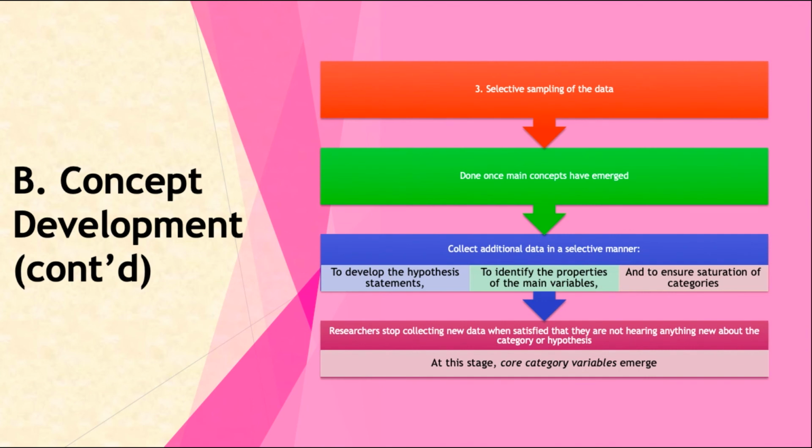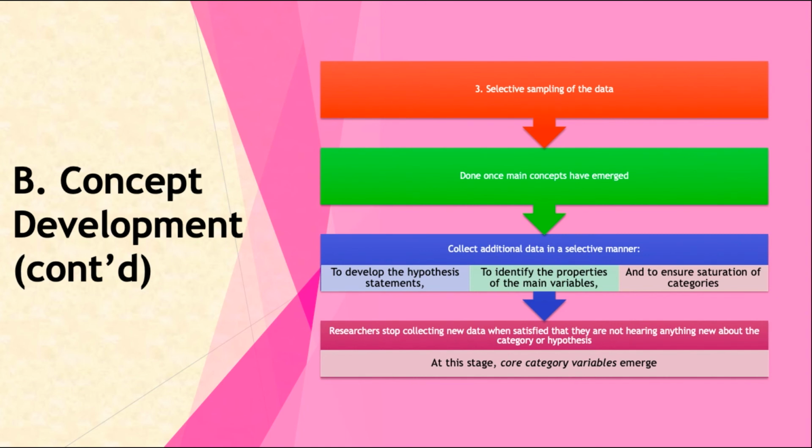The third and last is selective sampling of the data, and it is done once the main concept has emerged. So you collect additional data in a selective manner to develop the hypothesis statement or tentative hypothesis, to identify the properties of the main variables, or what we call the theme or the concept, and to ensure saturation of categories.